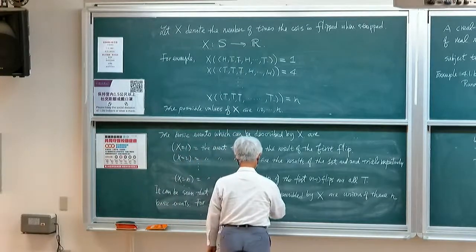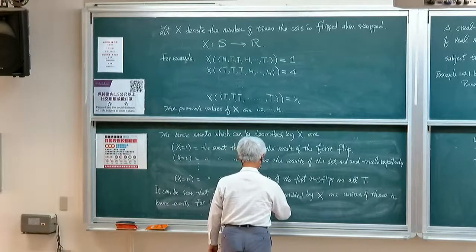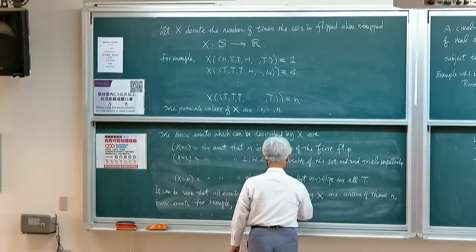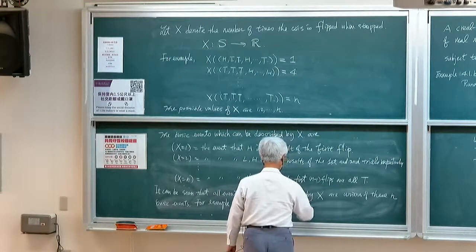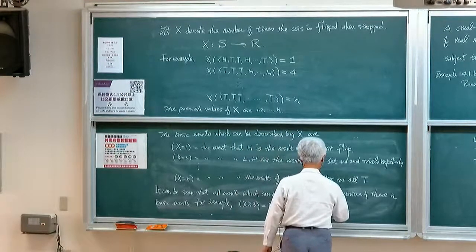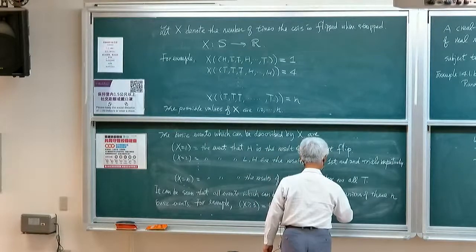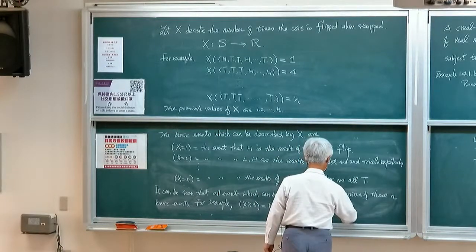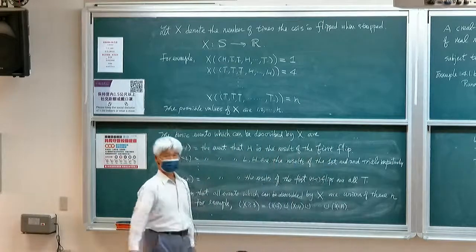What is that? This is actually X equal to 3, disjoint union, X equal to 4, disjoint union, up to X equal to n.